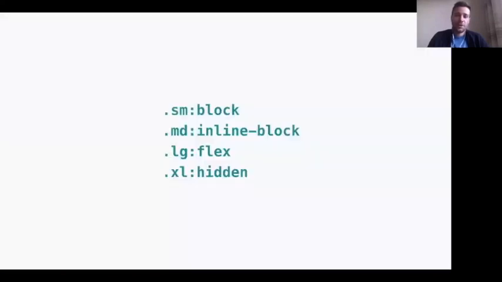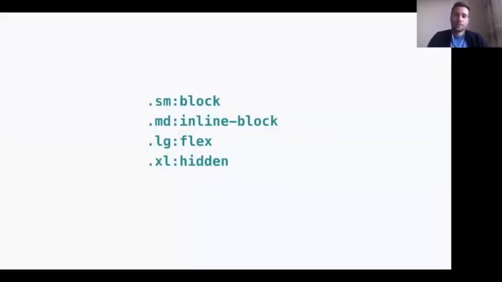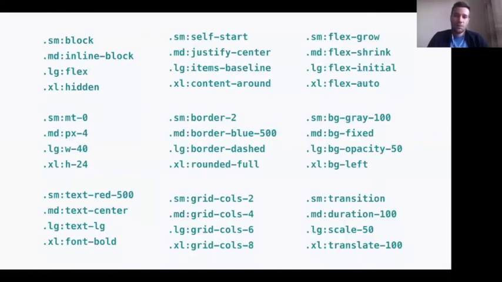And here it's really obvious. It's always just in the beginning. And unlike Bootstrap, it defines responsive variants for all of Tailwind's utility classes, which is super powerful because you don't need to guess or define your own variants. They're all just there.